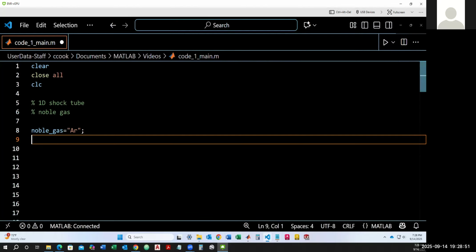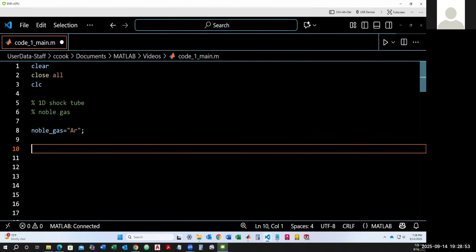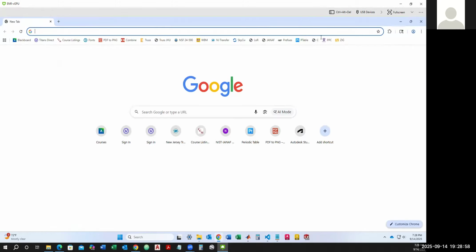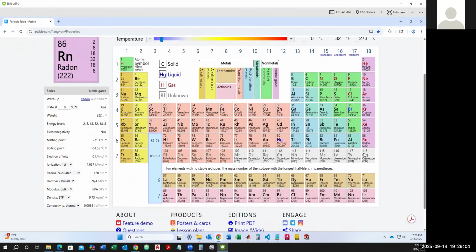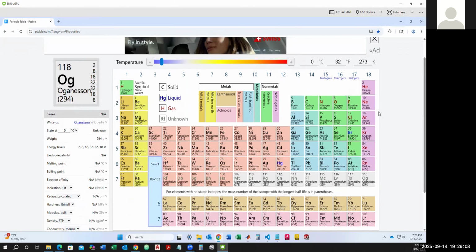I'm going to set it up so that you could choose any one of those noble gases. How many are there? 1, 2, 3, 4, 5, 6. I'm going to leave this one out. So we're going to set this up for those 6. Actually, I think even hydrogen would work.